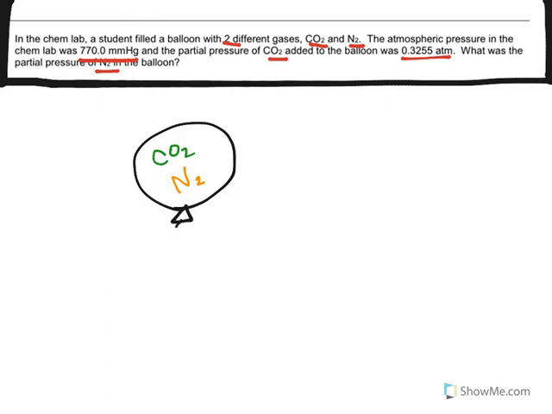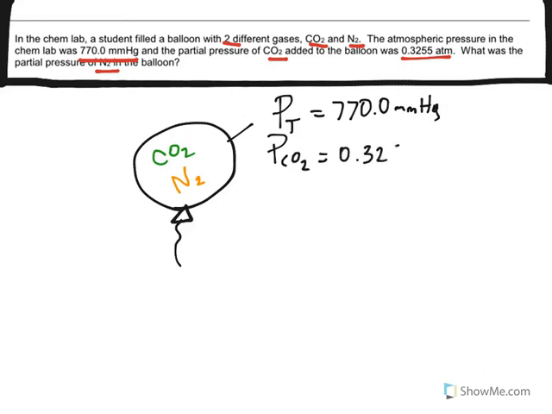So we have a balloon, and in it we have carbon dioxide and N2. We know that the total pressure is 770.0 millimeters of mercury, and we know one of the partial pressures. We know that the partial pressure of CO2 was 0.3255 atmosphere.